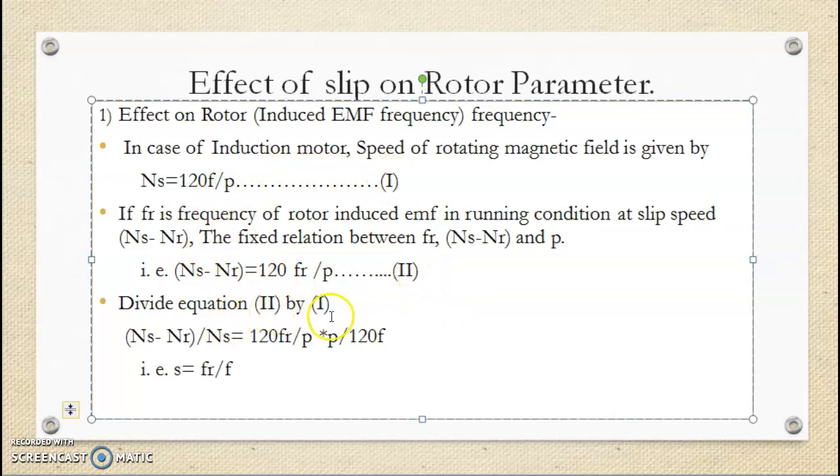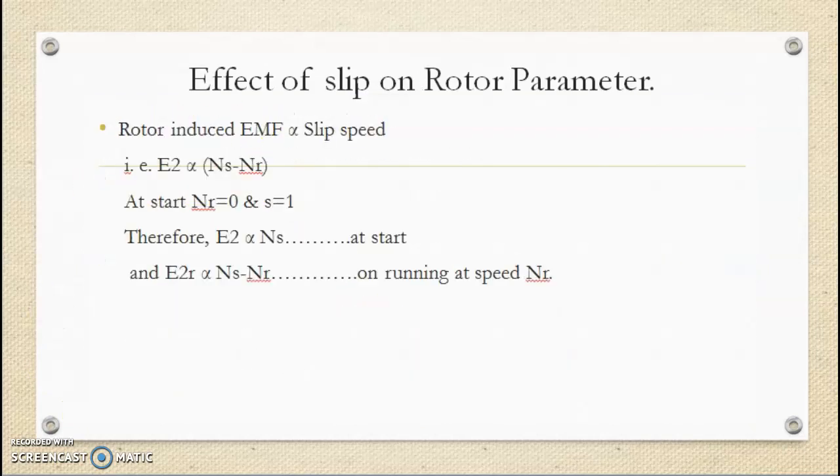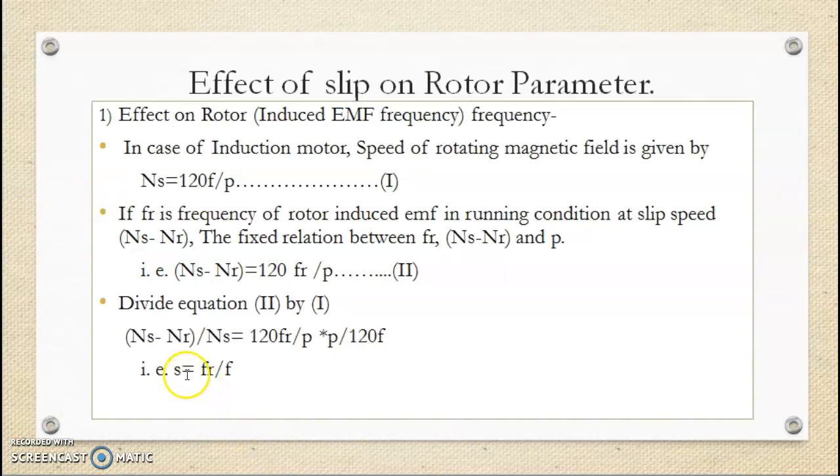Now divide equation 2 by 1. So we'll get (ns minus nr) divided by ns is equal to 120 Fr upon p into p upon 120 f. So this 120 p will get cancelled, and what is this (ns minus nr) divided by ns? It is nothing but the slip. So slip s is equal to Fr upon f, and Fr is equal to sf.